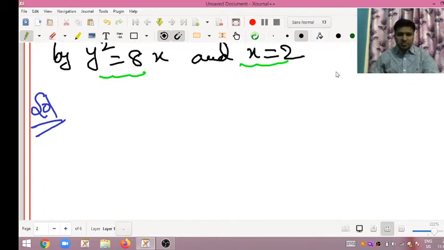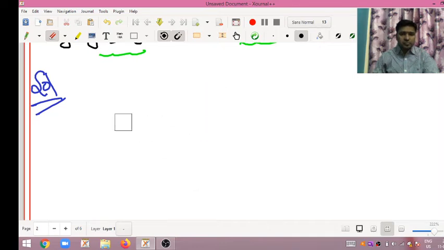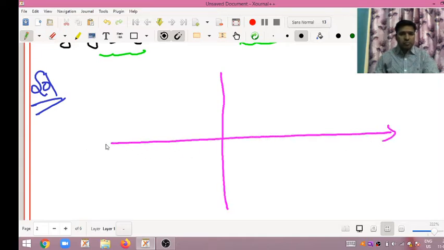See my dear friends, this is the origin O and this is the x-axis, x dash, this is y and this is y dash.